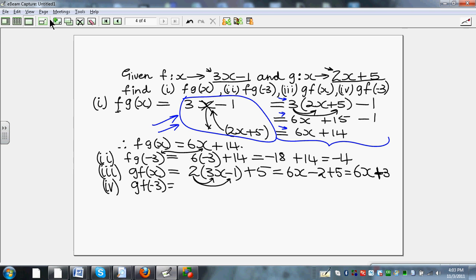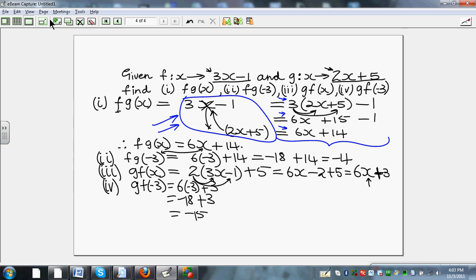So we will replace the x in 6x plus 3 by minus 3. So we get 6 by minus 3 plus 3, which works out to be minus 18 plus 3, which works out to be minus 15.